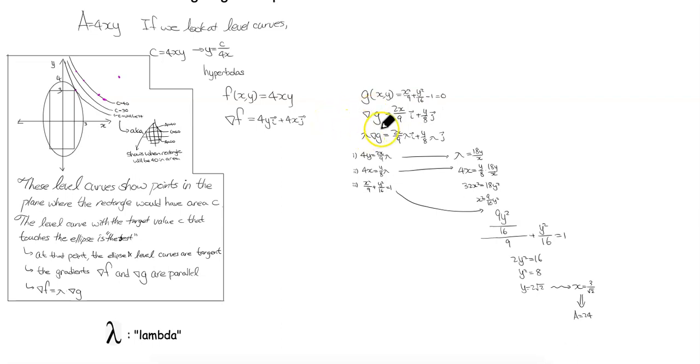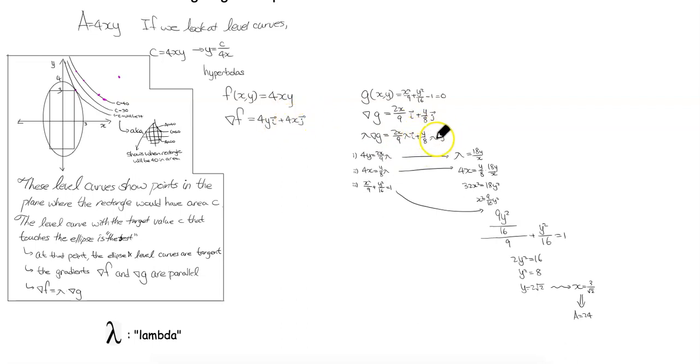So that's why we multiply by lambda, and here's the vector lambda del g. So we can identify components. We can say that 4y is equal to lambda times 2x over 9, and 4x equals lambda times y over 8.